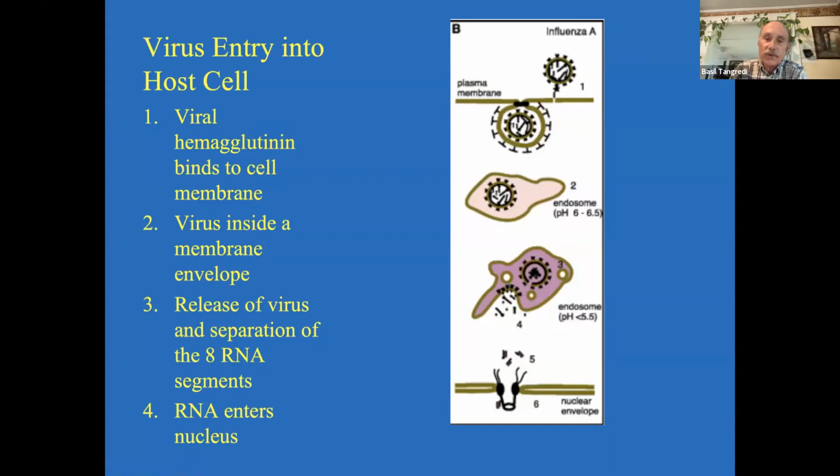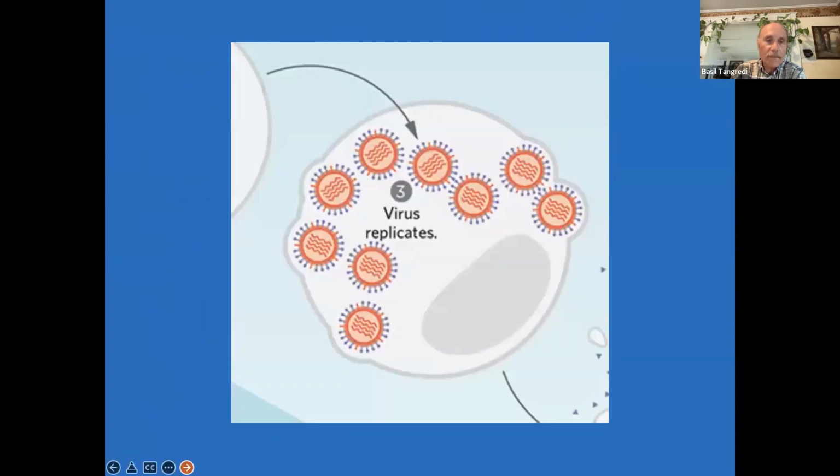They will then take over the replication machinery of the cell, so that the host cell is now replicating these 8 gene segments in preference to anything else, and also the other viral proteins and parts of the virus. And it's therefore replicating viruses within the host cell.